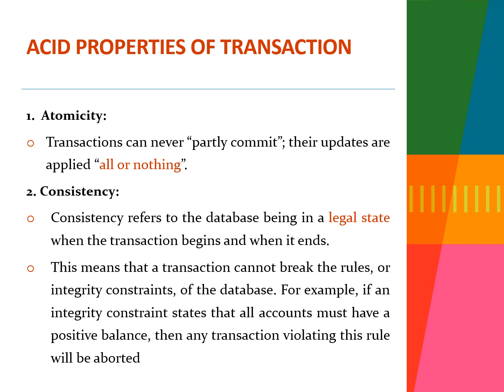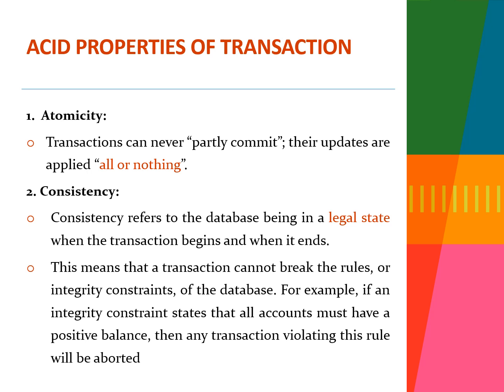This means that a transaction cannot break the rules, integrity constraints, or triggers defined on the database. For example, if an integrity constraint states that all accounts must have a positive balance, then any transaction violating this rule will be aborted.